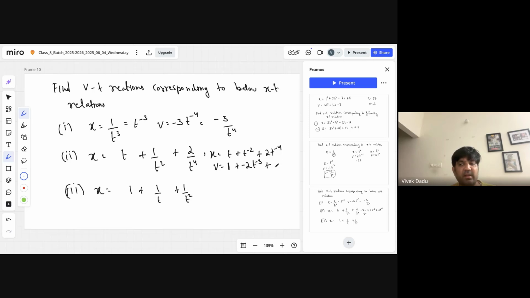And in this one, minus 4 comes in front. So 2 remains 2 only. This minus 4 comes in front. T power. So it becomes 1 minus 2 t power minus 3 and similarly plus minus 8, which is minus 8 t power minus 5, which is 1 minus 2 upon t cube minus 8 upon t power 5.